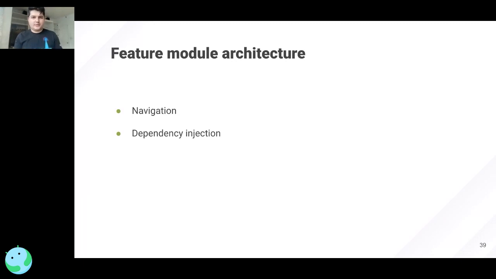This is the whole purpose of navigation. And dependency injection is also important because we need to define what public dependencies are provided by a feature module, but also we need to make sure that the API module does not have all the details about dependency injection components, implementation, stuff like that.